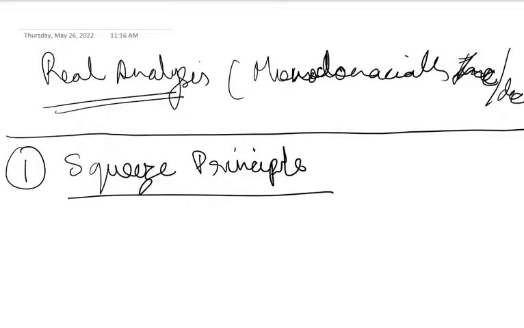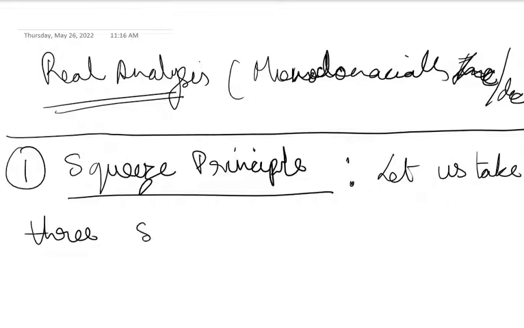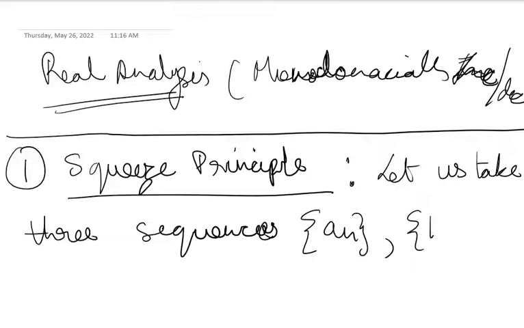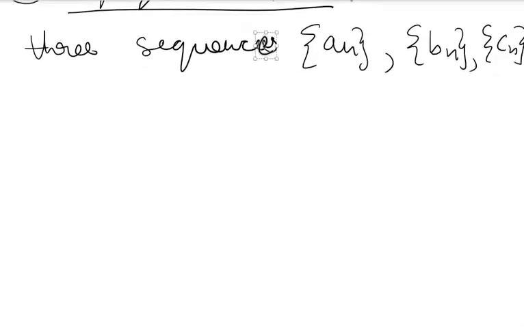Suppose let us take three sequences, say a_n, b_n, c_n. Okay, suppose I have taken these three sequences.